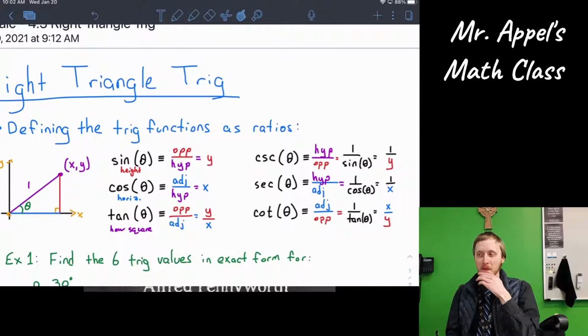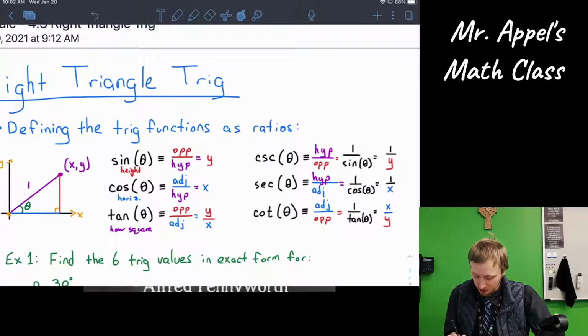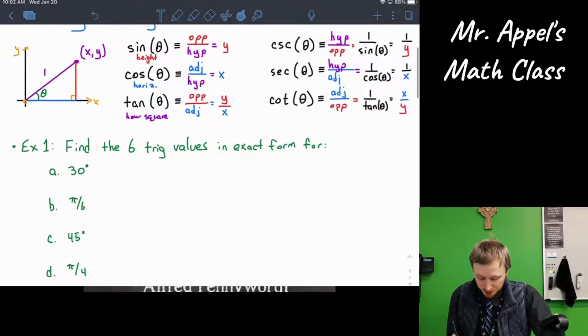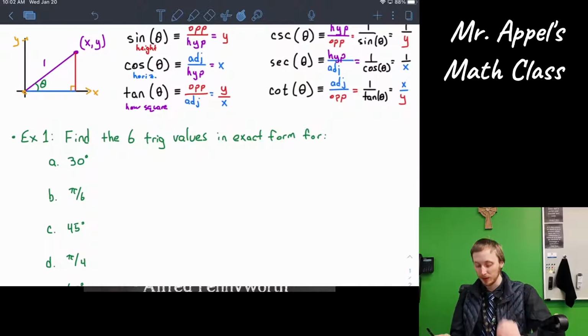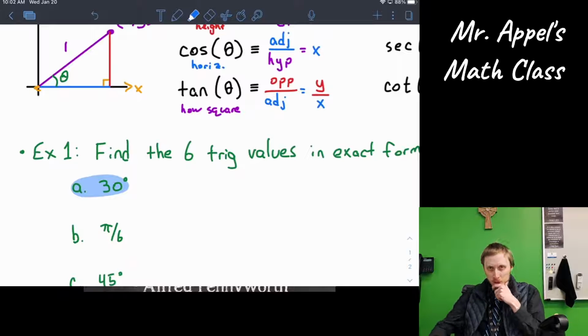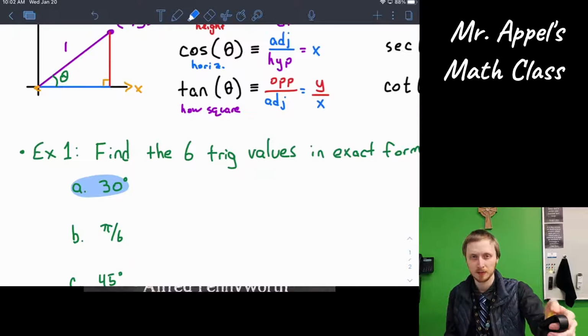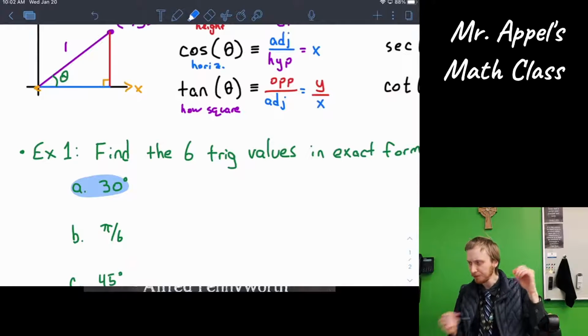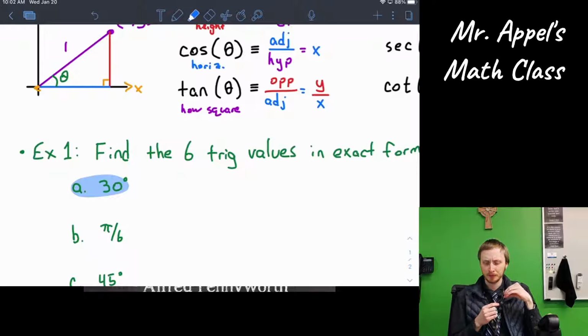So with those ratios in mind, and borrowing from your unit circle, can you find all 6 trig values in exact form for, let's just start with good old 30 degrees. Ready, go. Sine of 30, cosine of 30, tangent 30. In exact form, okay?